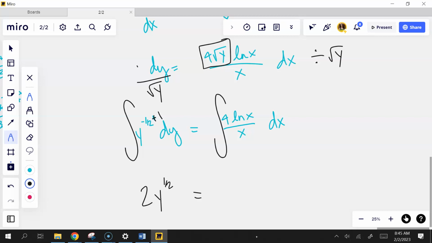I'm going to have to do a little U sub here. Unless you can see it without it. Okay. If u is log x, what is du? 1 over x. And I'm just going to pull this out front. Y'all see that?